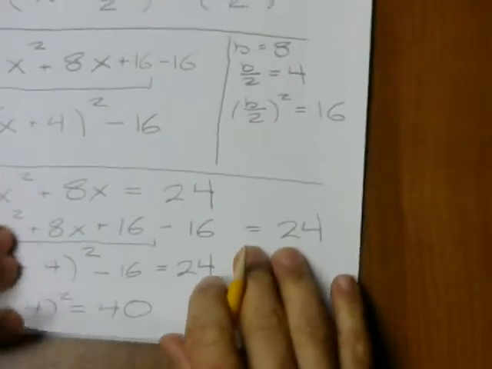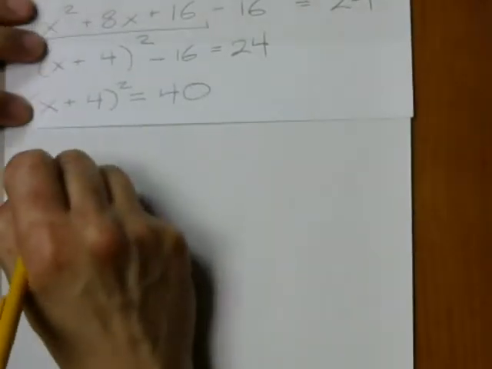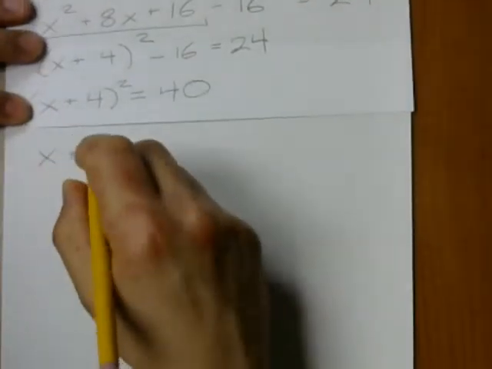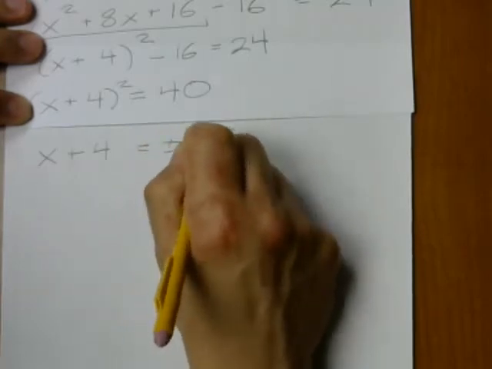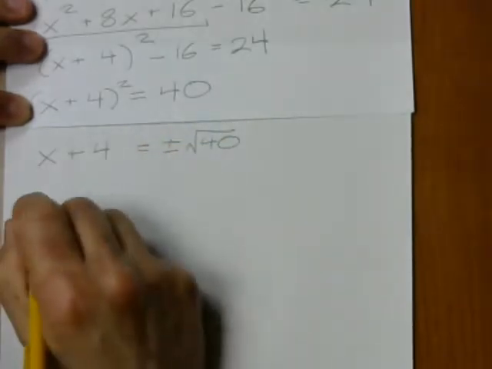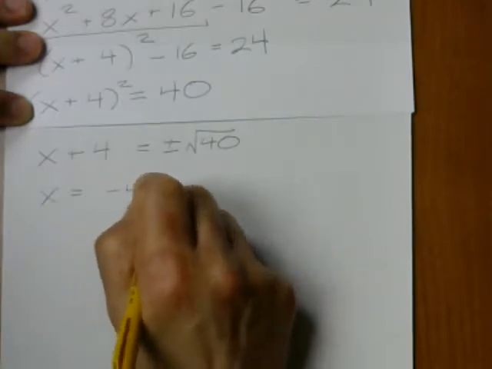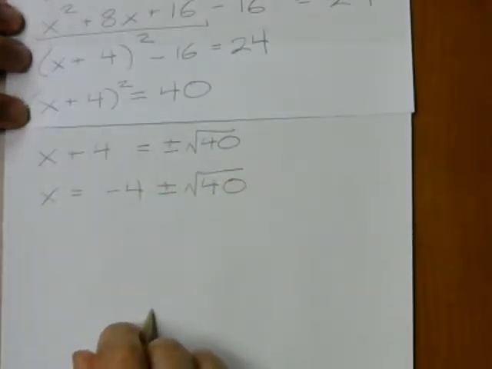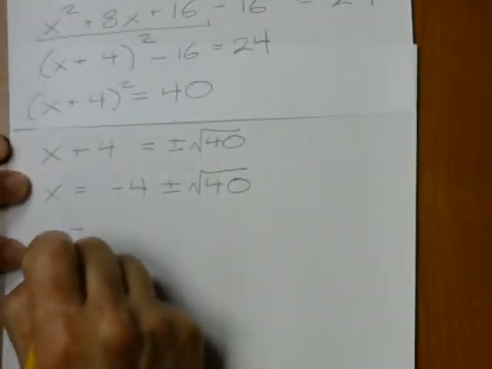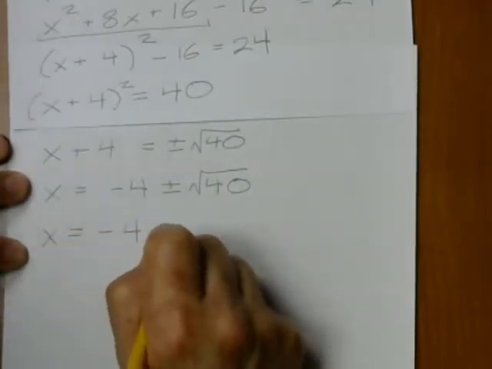And now I know that x plus 4 is equal to plus or minus root 40, or x equals minus 4 plus or minus root 40. Well, if I wanted to, I could simplify that root a little bit.